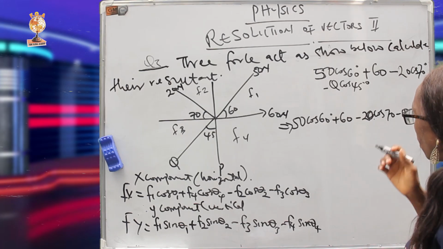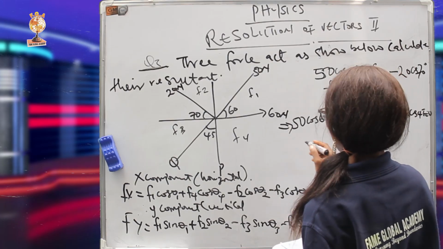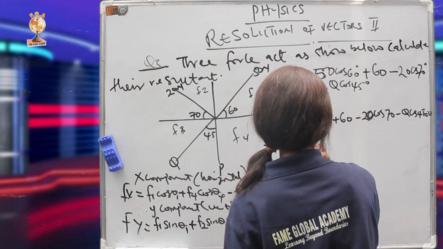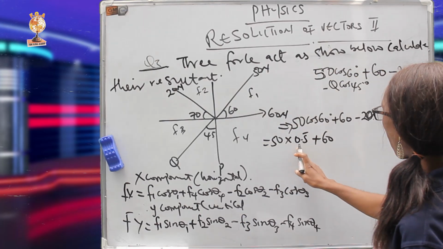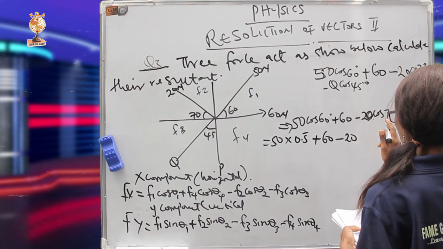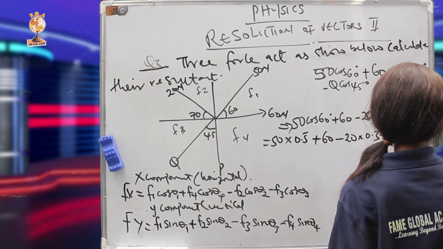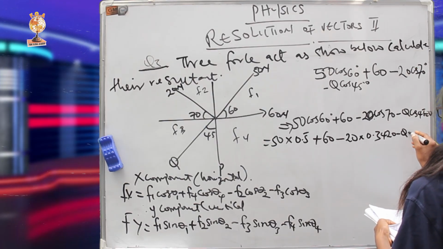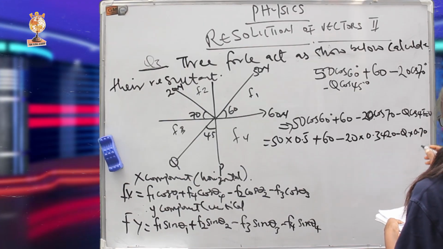Okay, now let's continue. 50 times cos 60, cos 60 becomes 0.5, plus 60, minus 20 cos 70. Cos 70 will give us 0.3420, minus q times cos 45, which will give you 0.7071.